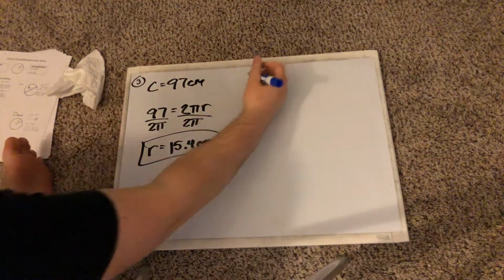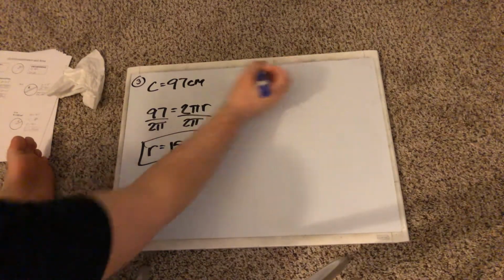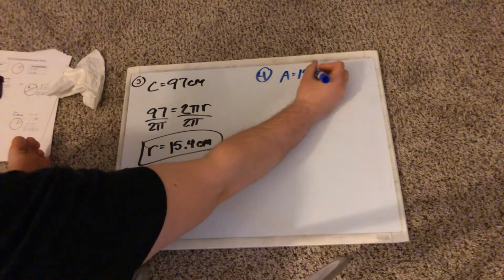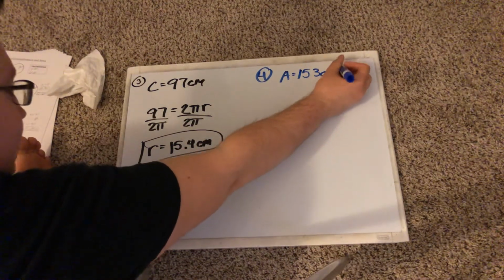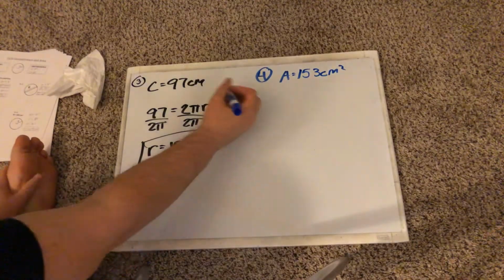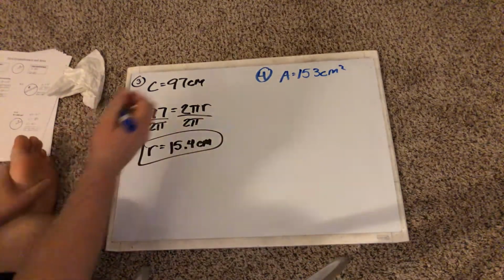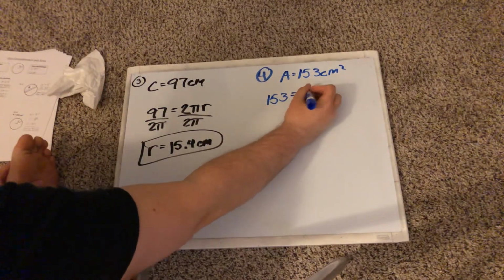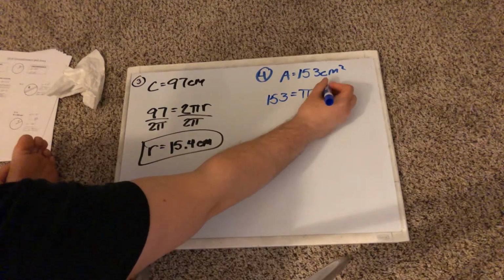And then finally, numero quattro. The area is 153 centimeters squared. Area is pi r squared, so 153 equals pi r squared.